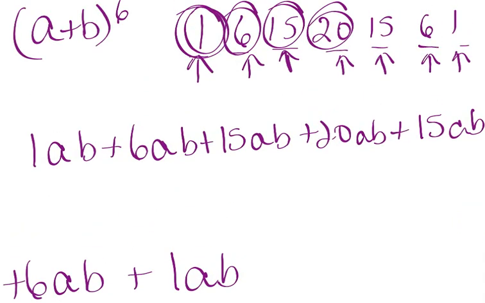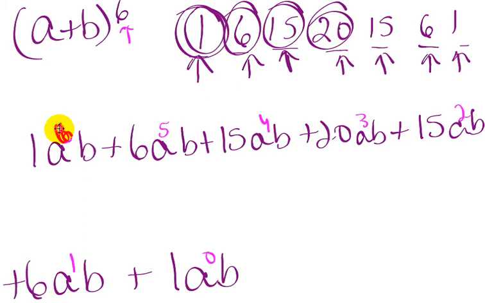Now, we've got to add the powers to our a's and b's. I'm going to start with my a, and we start with the actual power of 6. So for all my a terms, I'm going to start at 6 and go down: 5, 4, 3, 2, 1, and 0.